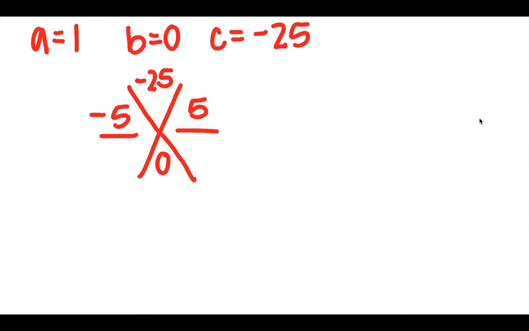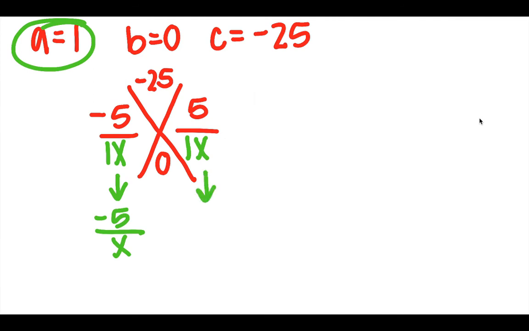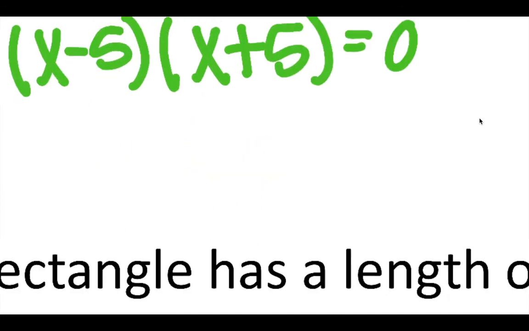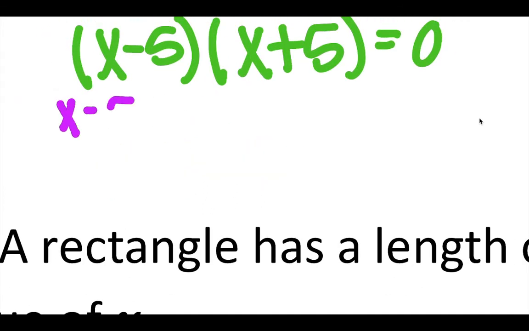Again, 1x, because this A is 1. So I have negative 5 over x, and then I have positive 5 over x. When I do my magic trick, I've got x minus 5 and x plus 5. And again, that all equals 0. So in this case, when I set them equal, x minus 5 equals 0, x plus 5 equals 0.